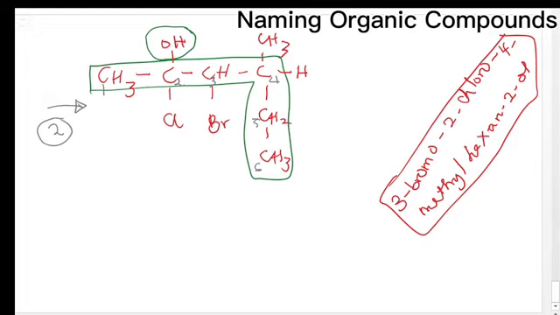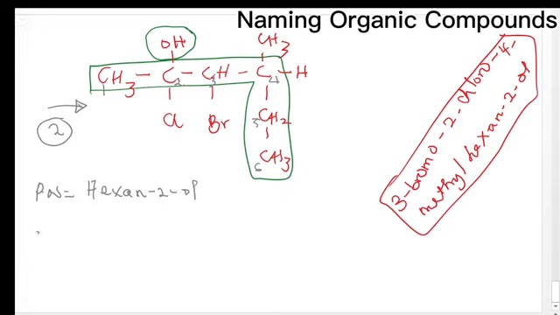So definitely you are going to go for that. If you take the other one, 1, 2, 3, 4, 5, that is position 5, so we can't go for 5. We maintain 2. So the parent name is going to be hexan-2-ol, right? That's the position of our OH.